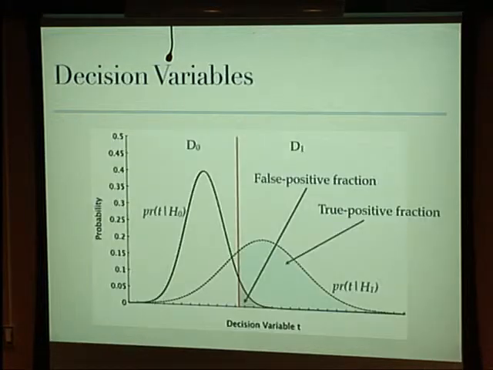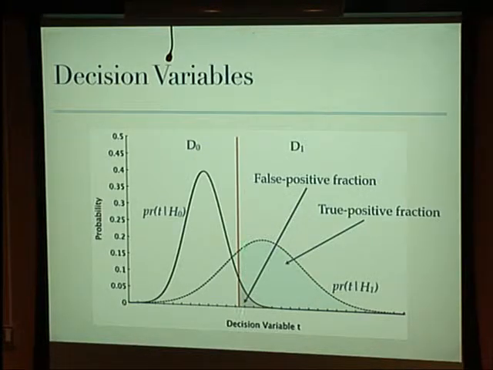Now, you have to make a decision. A decision is generally made by setting a threshold. Everything to the right of this threshold, you call signal present. Everything to the left is signal absent. Using this threshold, we can now define some performance metrics. For example, the true positive fraction is the area under this signal present distribution to the right of the threshold.